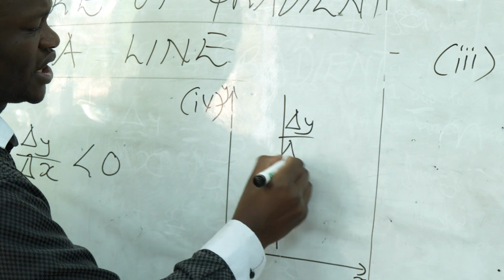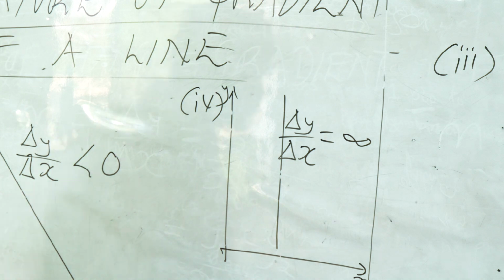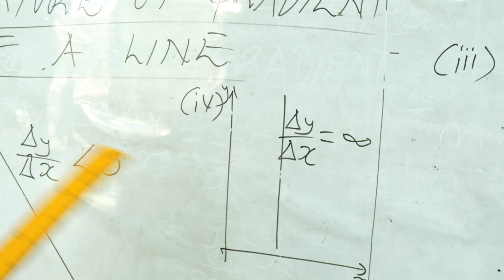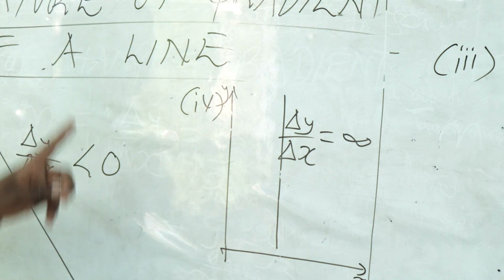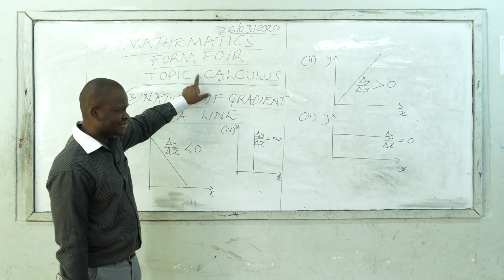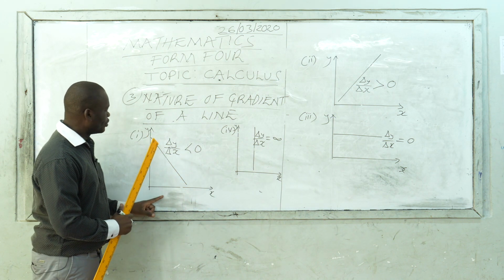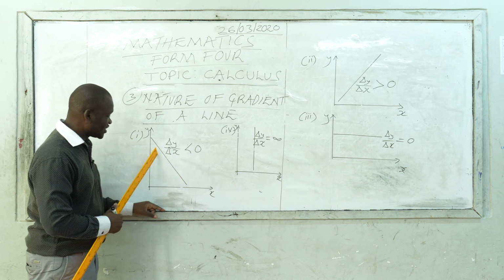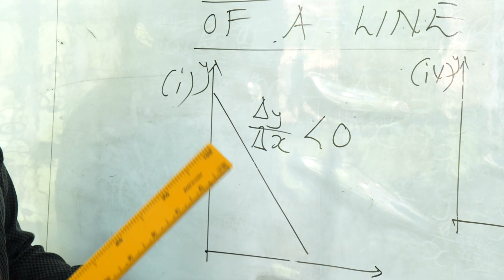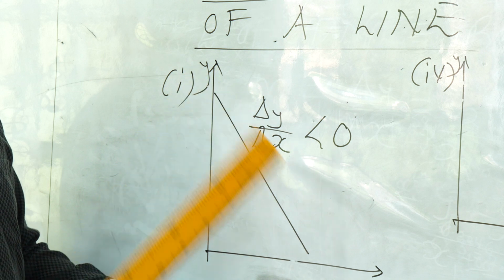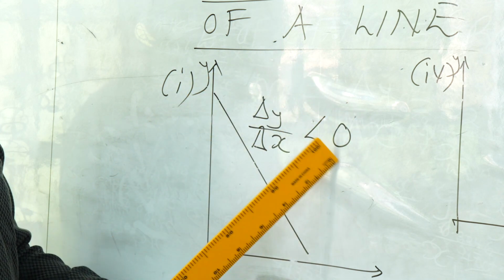So change in y over change in x will be infinite. These key points will be very critical as we proceed to introduce and go deeper into calculus. So a quick summary: a line whose inclination is like this, a line sloping downwards from left to right, will have a negative gradient.